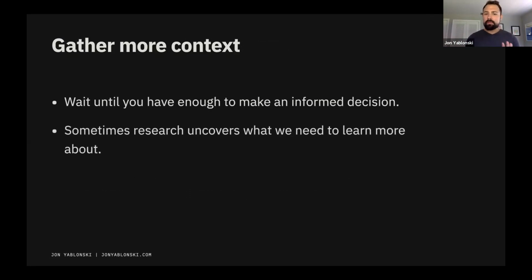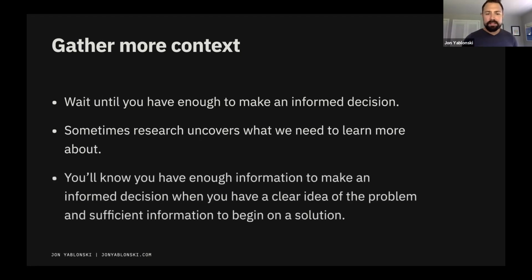Secondly, sometimes research uncovers what we need to learn more about. So there's not always answers. Sometimes it leads to additional things that we need to research. And finally, we'll know when we have enough information to make an informed decision when we have a clear idea of the problem and sufficient information to begin a solution.